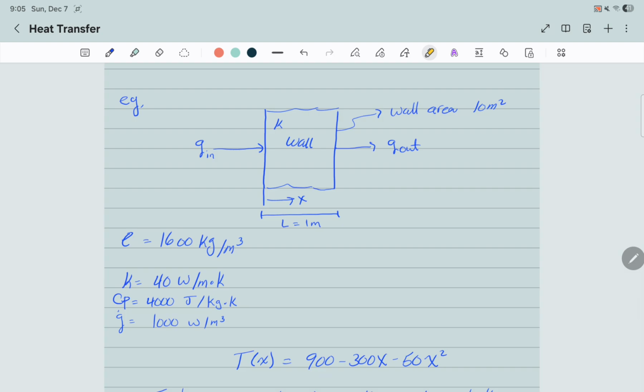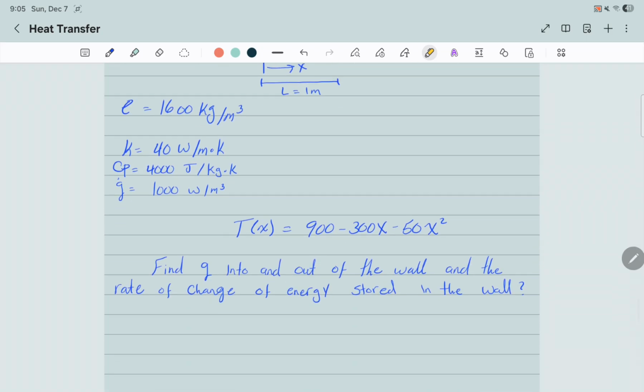If the energy leaving is less than the energy entering, that means there's energy stored. If the energy leaving is more than the energy entering, that means there's energy being generated. So let's go ahead and solve this.